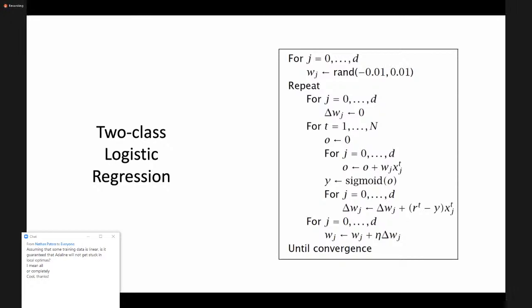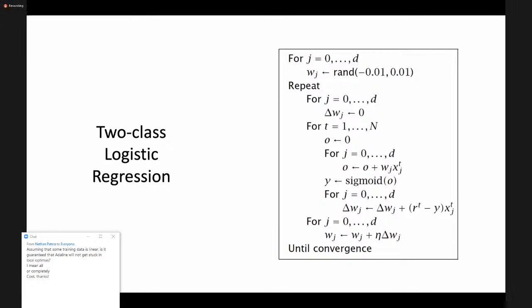This outer loop is going to be running through our data and will continue until we have converged, however we're measuring convergence. And that first for loop is initializing the weight updates, where we're just going to go ahead and set them to 0. And then we will be adding to those updates as we go. All right, then the second for loop is looping through all of the data. That O equals 0 reflects the output of the logistic regression model.